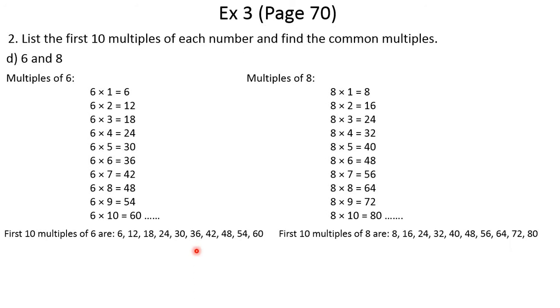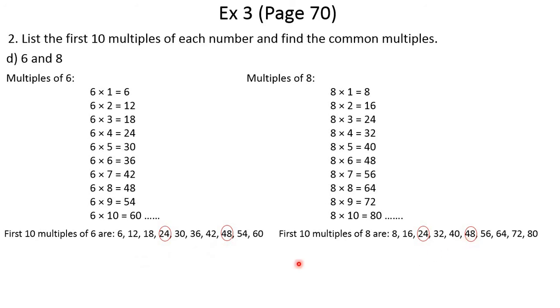Now let's look for the numbers which are common multiples of both the numbers. So here you may observe that 24 is a multiple of 6 as well as 8. So the first common multiple would be 24. And then 48 appears as a multiple of 6 as well as 8.